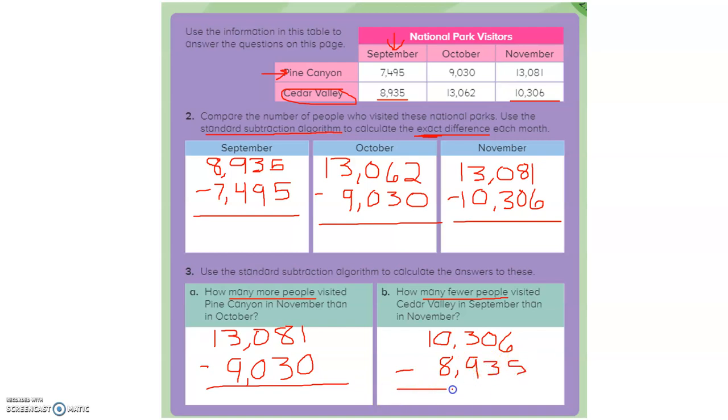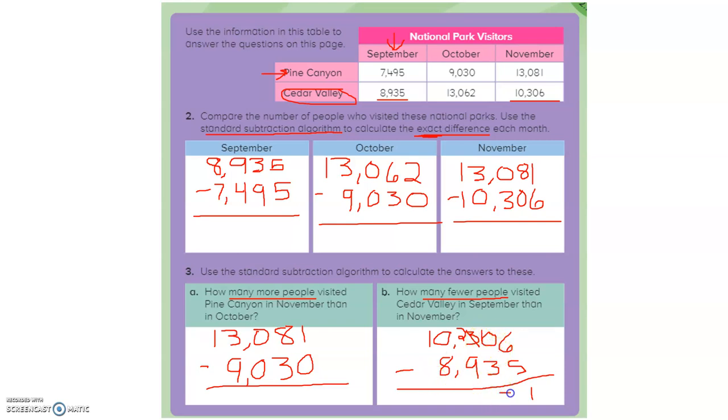Let's do this one together since it does have a lot of zeros in it. So let's do 6 minus 5 is 1. Okay, this 0, we can't do 0 minus 3. If we have 0 items, we can't take 3 from it. So we have to regroup. The 3 becomes a 2, and that 0 becomes a 10.